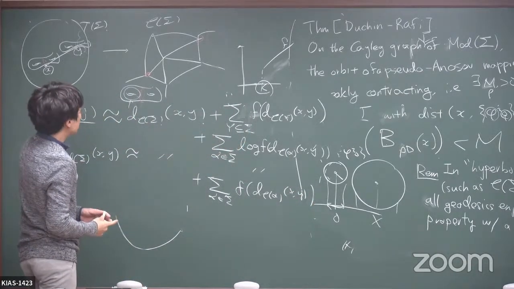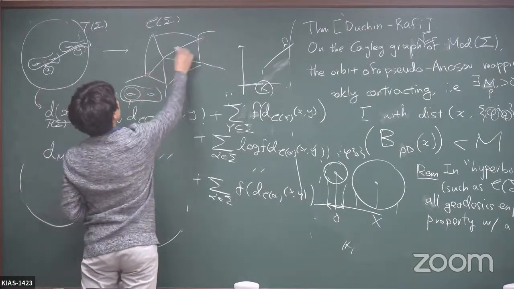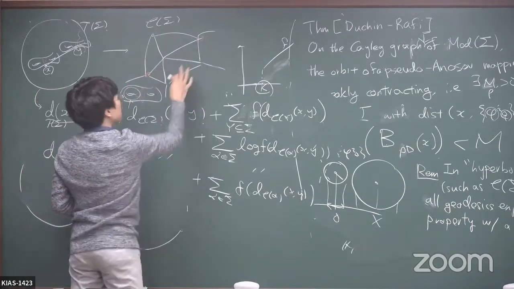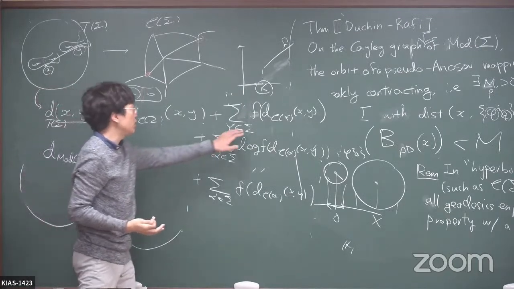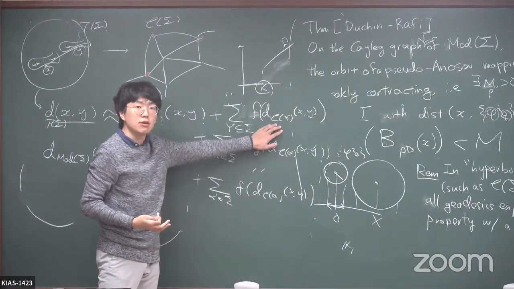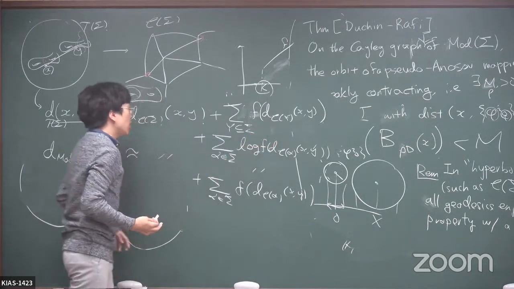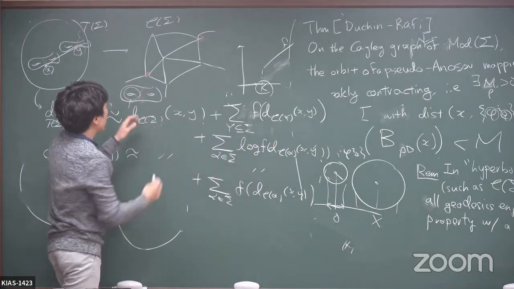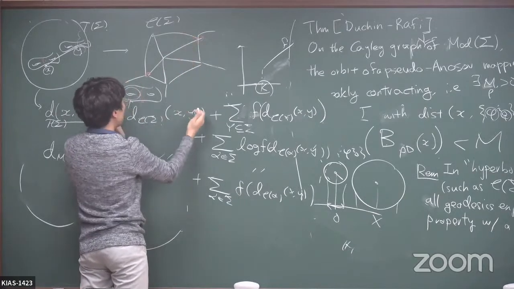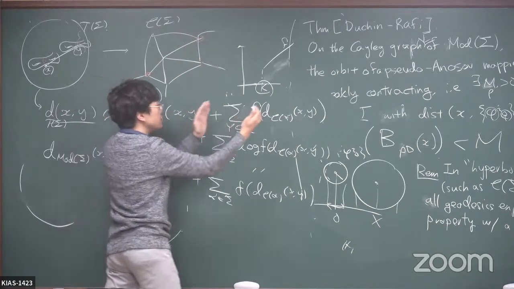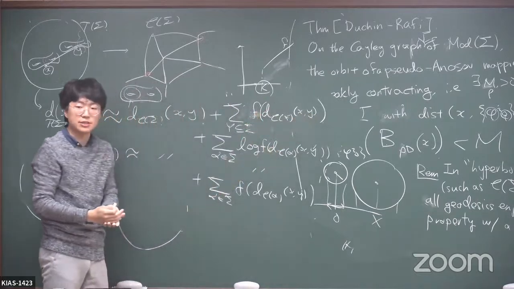So if you only see their projection on the curve complex, it may not be honest, because you have tons of vectors coming from the subsurfaces. But the thing is, if you have a long contribution from this part, then these parts are suppressed in some sense.